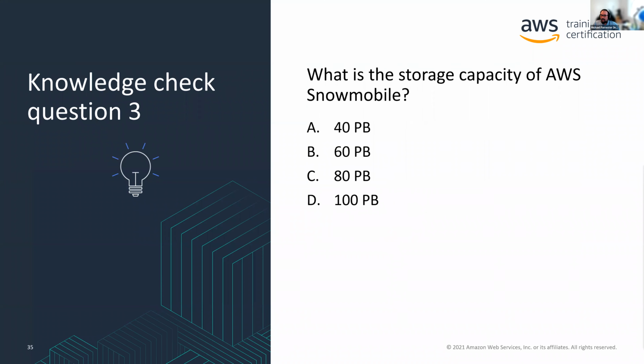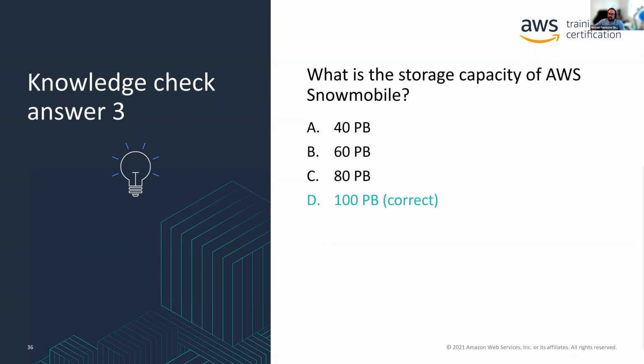Okay, I made fun of this, but I said it. What is the storage capacity of that giant truck that they can drive up to your data center? Yeah, it's 100 petabytes. By the way, I don't think that's usable.